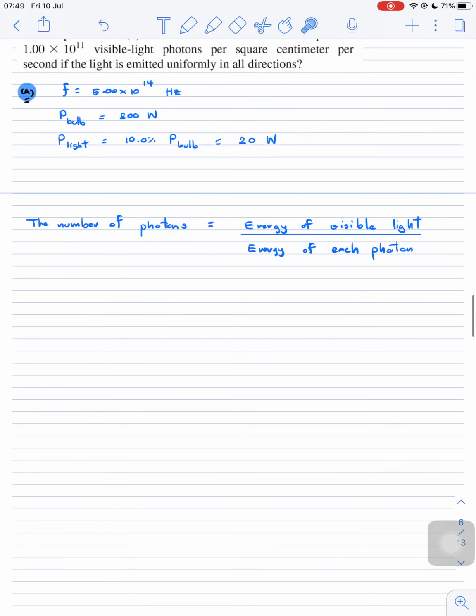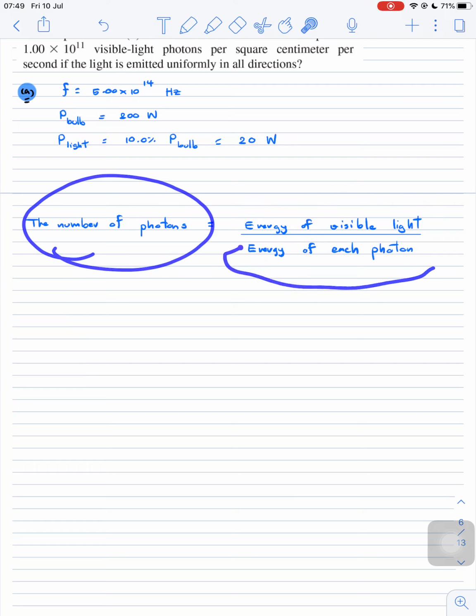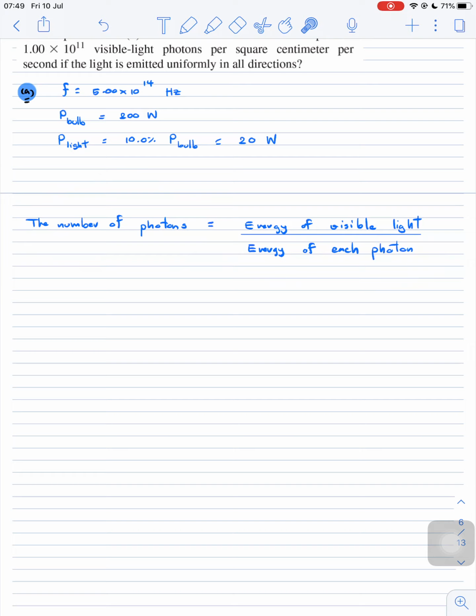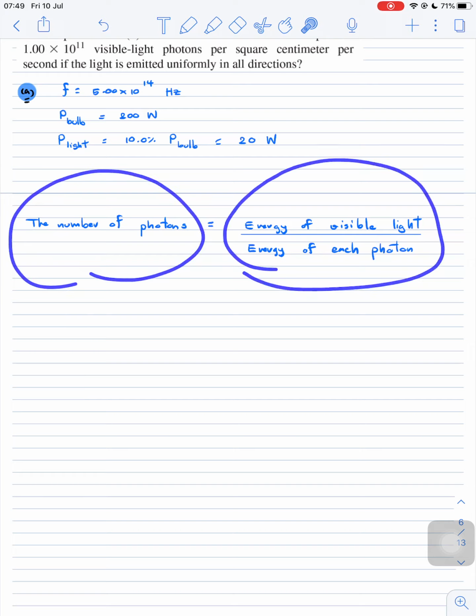Remember, the energy of the light is equal to the number of photons times the energy of each photon, so we can find the number of photons from this relationship.